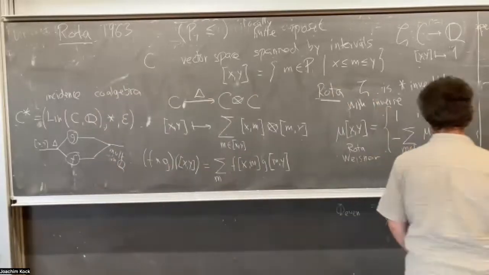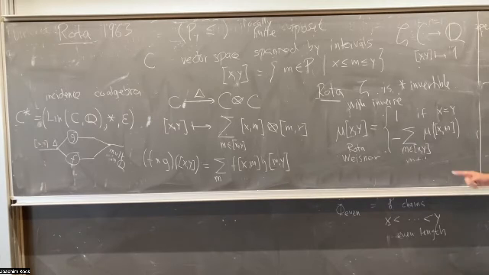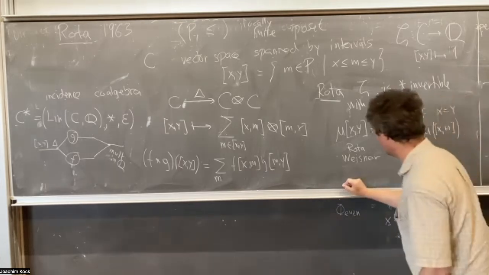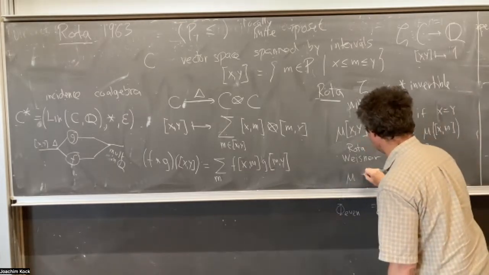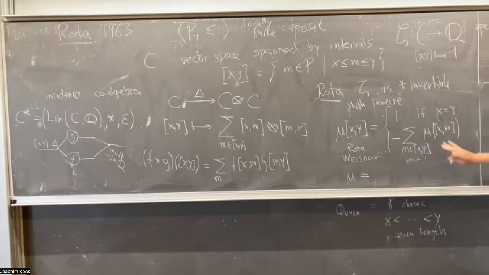Namely, I would like to, I mean, this looks clearly like a convolution. So I would like to write this whole formula using only convolution. And then it becomes like this. Mu is equal to, and now I unpack. So there are two cases. If they're equal, then I put 1. That was the co-unit.